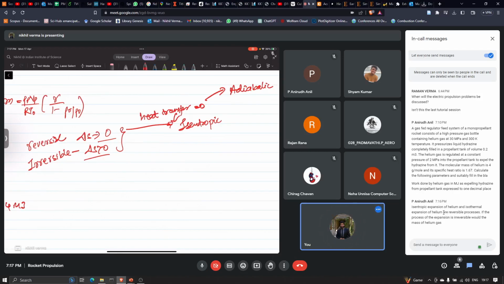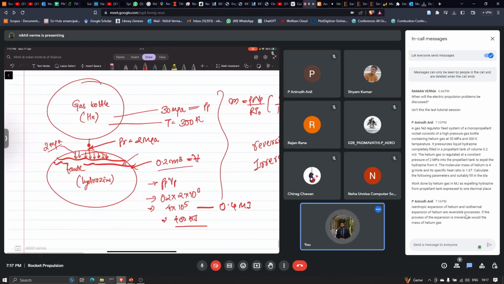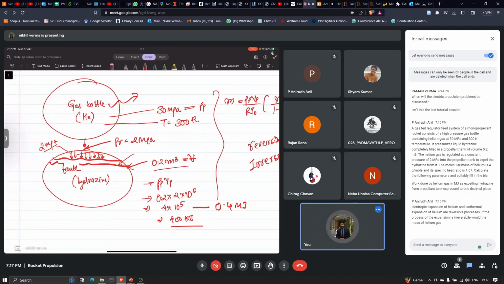So isentropic expansion of helium and isothermal. Isothermal means the temperature is not changing. So the process is irreversible. In real cases there will be some heat transfer to the surrounding, because helium will be at a lower temperature and the temperature at this point will be higher, so there will be some temperature difference and some heat loss.